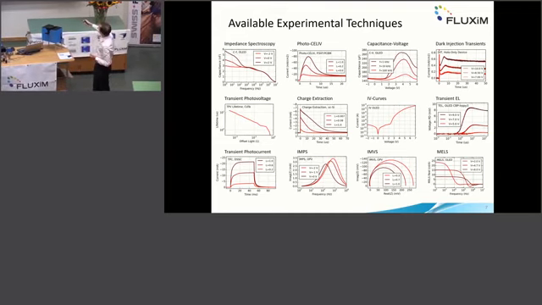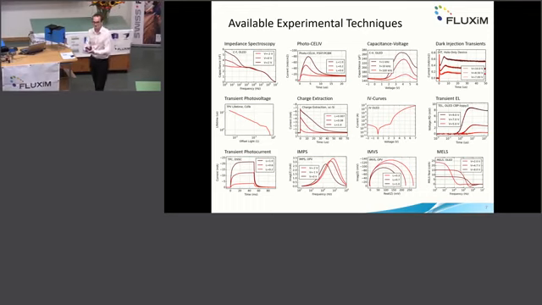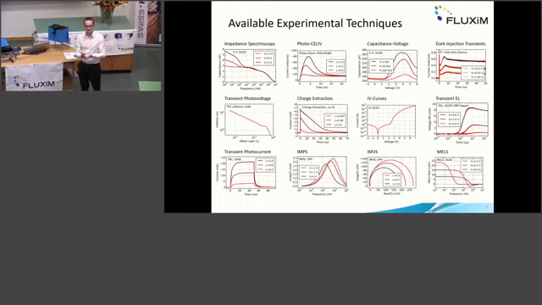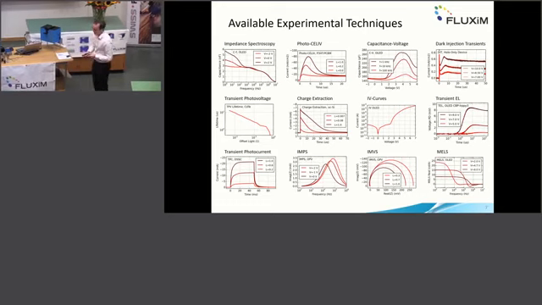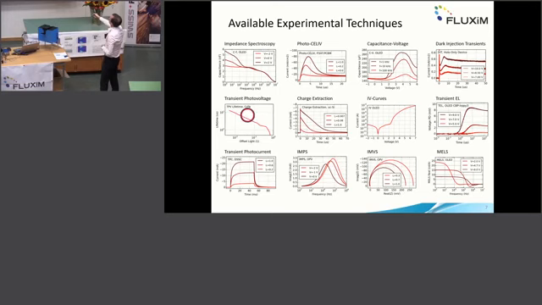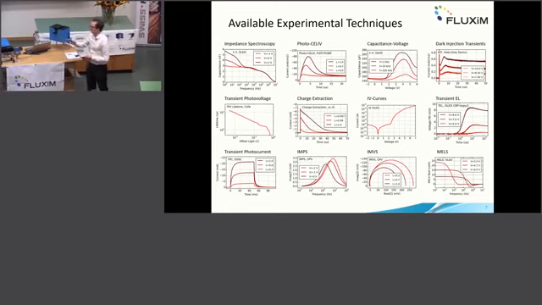This is then IMPS, intensity modulated photocurrent spectroscopy. It can also be done at VOC, where you keep the current constant at 0, and then you measure the voltage instead of the current, and then it's called intensity modulated photovoltage spectroscopy. The result is then very much related to transient photocurrents.